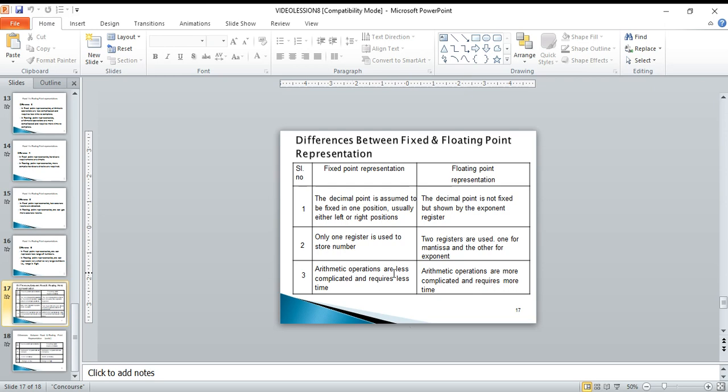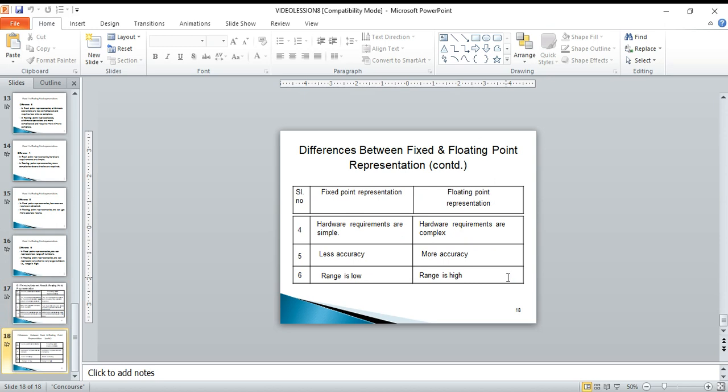Arithmetic operations are less complicated in fixed point and require less time. In floating point, arithmetic operations are more complicated and require more time.